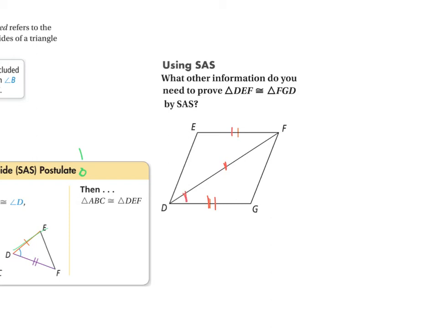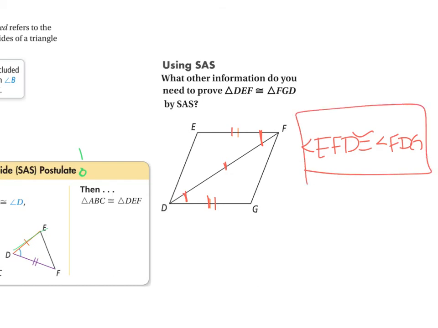So we'll need to know that this angle is congruent to that angle. We need to know that angle EFD is congruent to angle FDG. They wanted us to prove by side, angle, side, so that's what we would need to know. Obviously, if we had the third side, we could prove it by side, side, side, but that's not what they asked us. So this will be your answer.